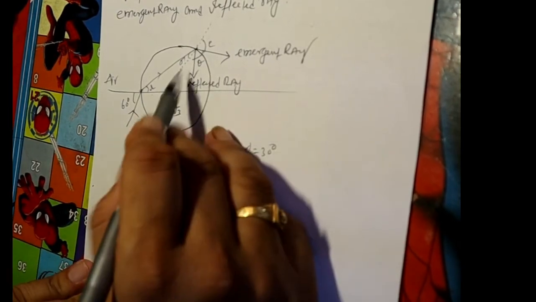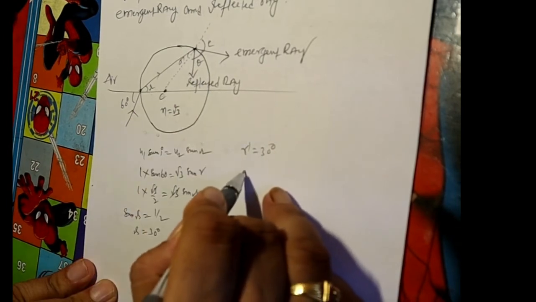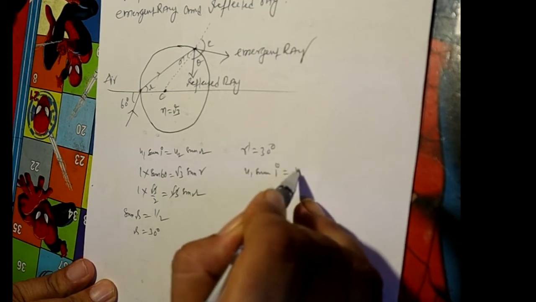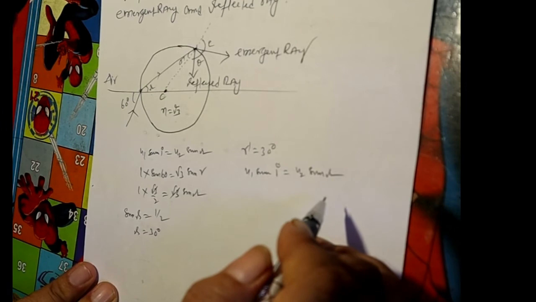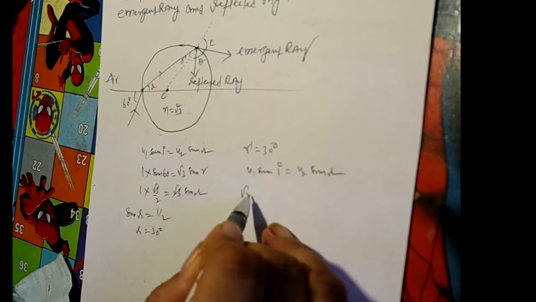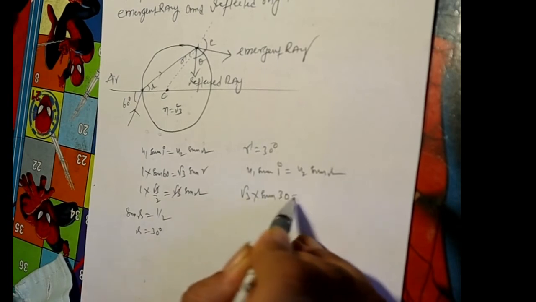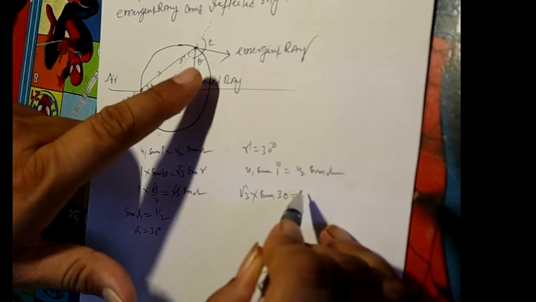Now apply Snell's law at this boundary. Here n1 sin i is equal to n2 sin r. Now we want to find out the angle of emergence. n1, that is root 3, into sin 30 is equal to n2, that is the refractive index of air medium.